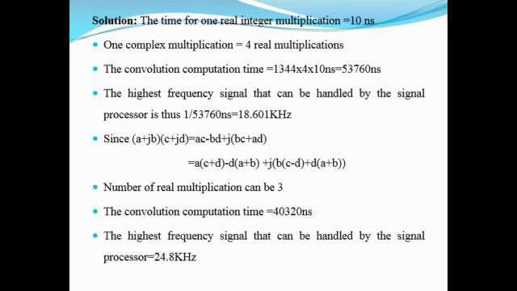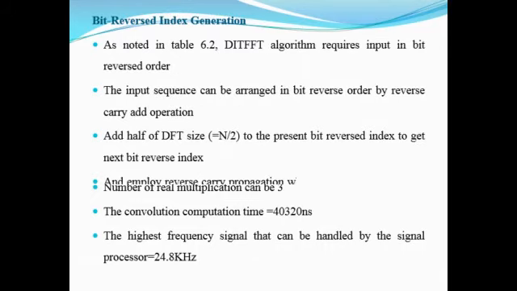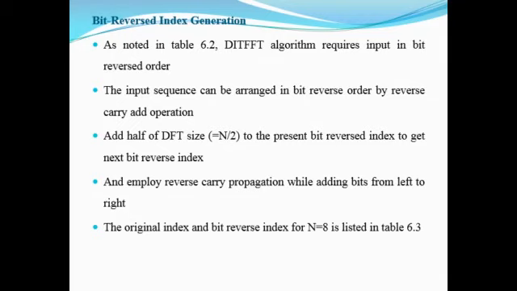Instead of multiplying by 4, we multiply by 3. It is giving us, instead of 53,760, 40,320 nanoseconds. So the highest frequency signal that can be handled is 1 divided by 40,320 nanoseconds, which is 24.8 kilohertz.